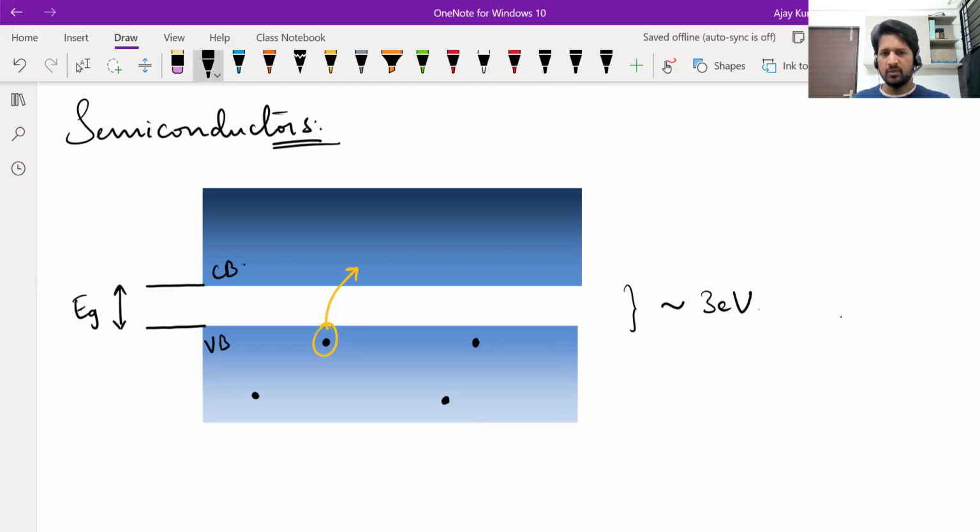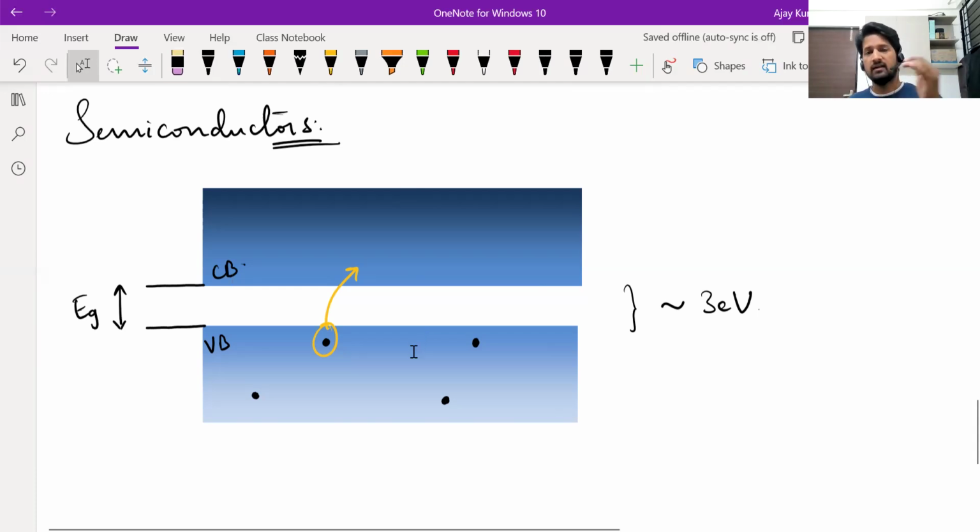So in semiconductors, not all valence electrons, but randomly some valence electrons will be present in the conduction band. They'll be free to roam around in the entire material. But it's not like conductors. In conductors, every atom contributes conduction electrons. In semiconductors, every atom cannot do that. Randomly a few electrons of a few atoms somehow gain that energy due to collisions or whatever and jump into the conduction band.